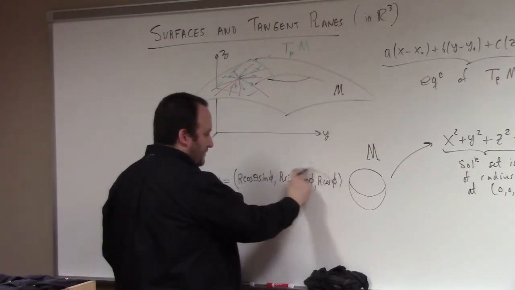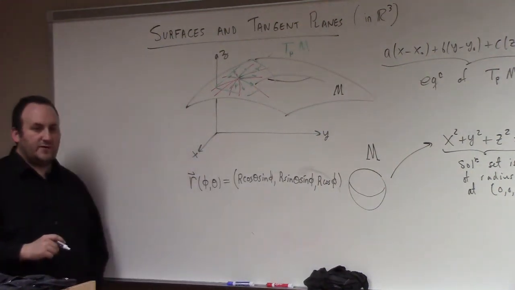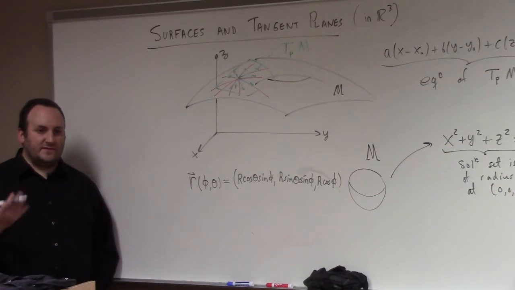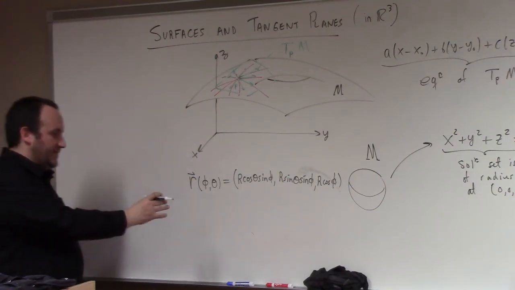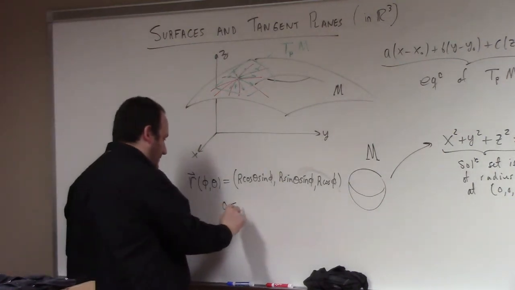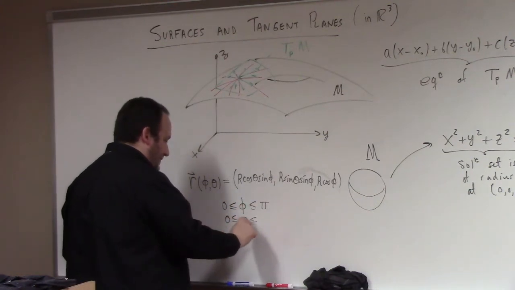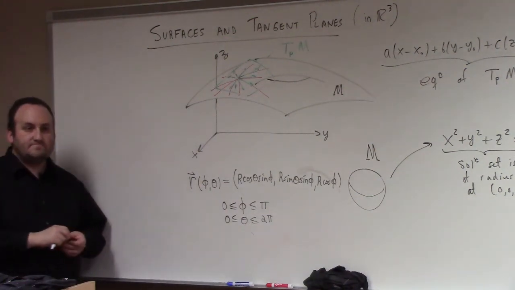Where did that come from? I basically just froze out one of the spherical coordinates. I created this parameterization by setting the spherical radius rho equal to r. But this is a parameterization, and I would say 0 less than or equal to phi less than or equal to pi, 0 less than or equal to theta less than or equal to 2 pi. This covers the sphere.